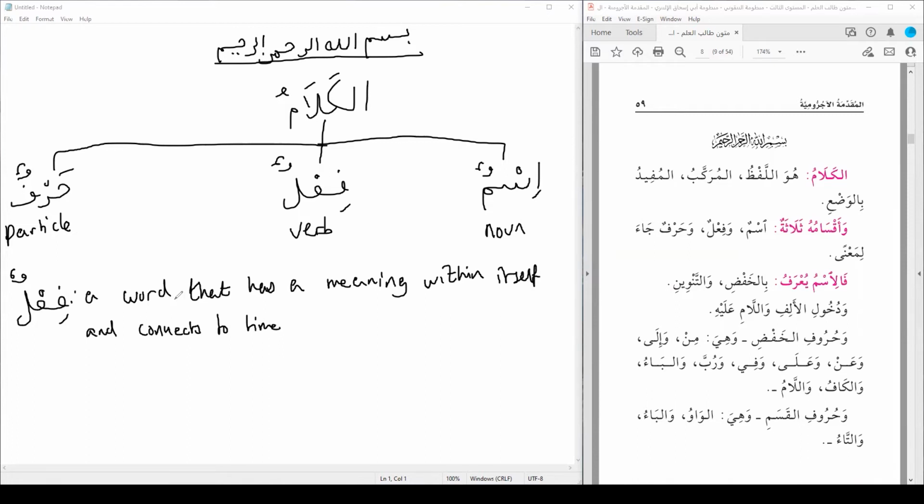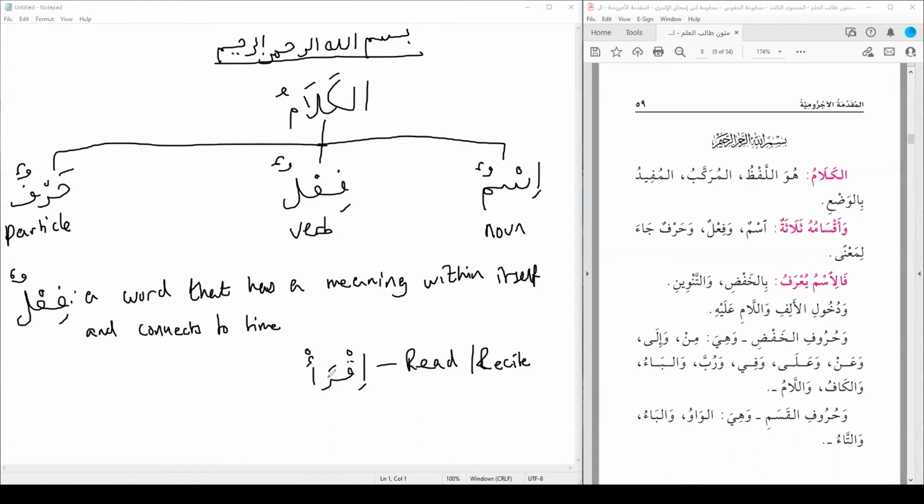Now, for us in the English language, a verb is basically a doing word. It's an action that a person does. So for example, in Arabic, you can command someone to iqra. You can command them to read or recite.